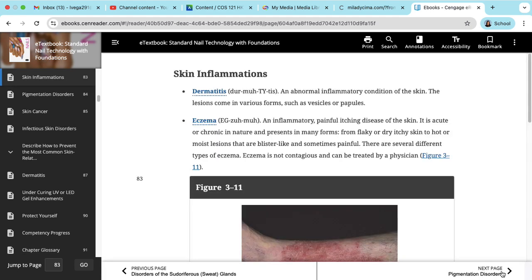Skin inflammations: dermatitis, an abnormal inflammatory condition of the skin, and eczema, an inflammatory, painful, itching disease of the skin.